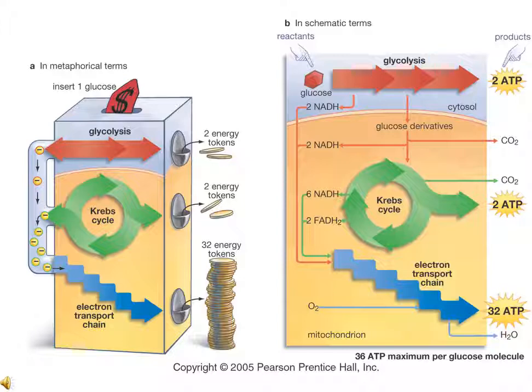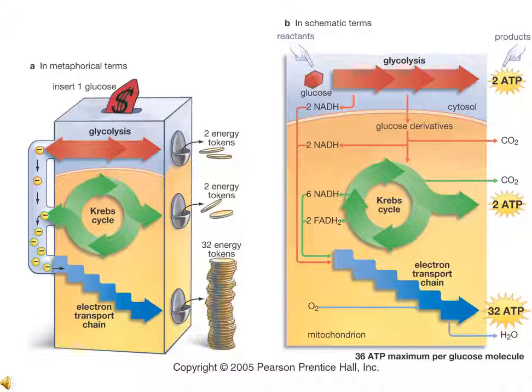The Krebs cycle is a circular metabolic pathway. Think of it as a wheel that goes round and round, and every time it goes around, it throws off some ATP and also some intermediary products. We'll talk about those products in a little bit.